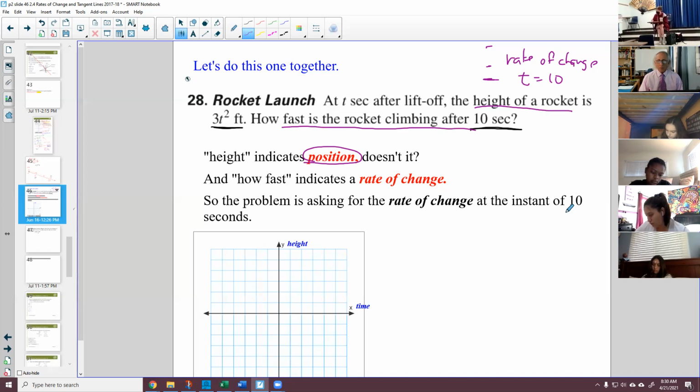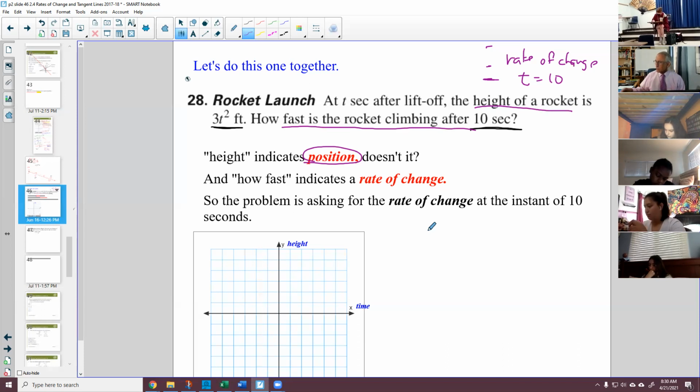So let's see if we can get an answer here. What's the formula that I'm going to use to calculate the rate of change? Clark, can you help me? Honestly, I'm not sure.